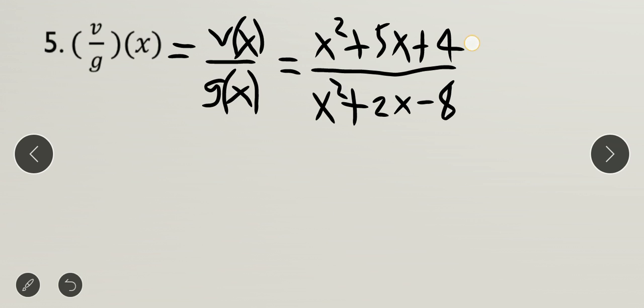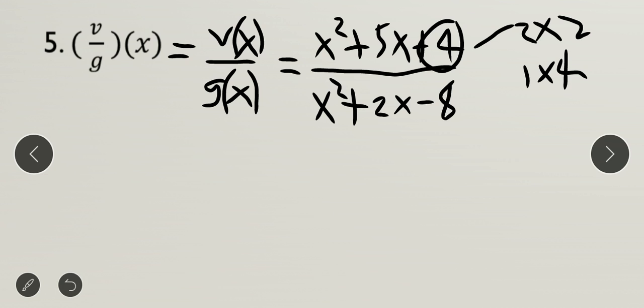Now, is our numerator factorable? Let's try to find out. What are the factors of 4? 4 can be written as 2 times 2. It could also be having factors of 1 times 4.